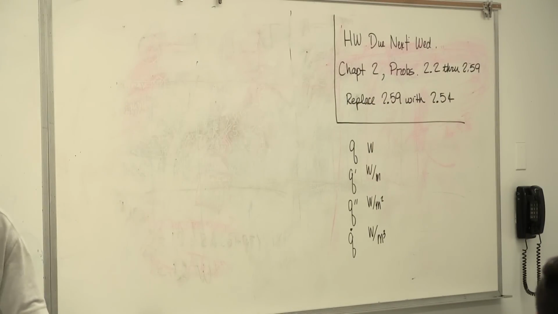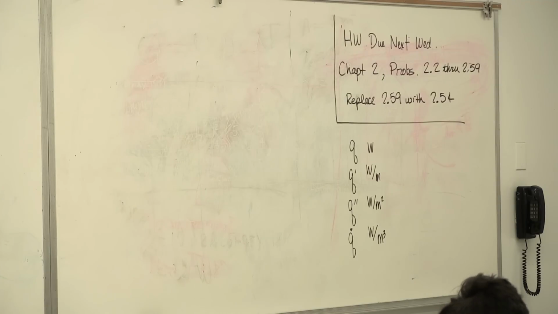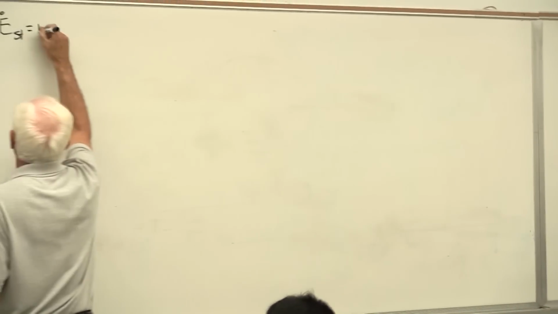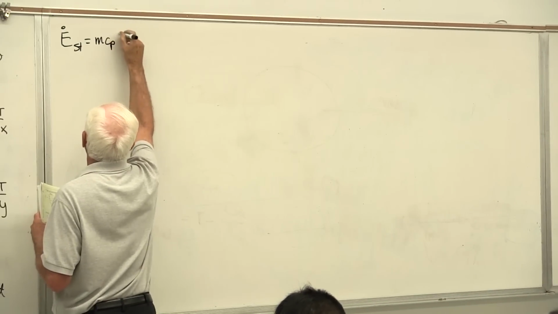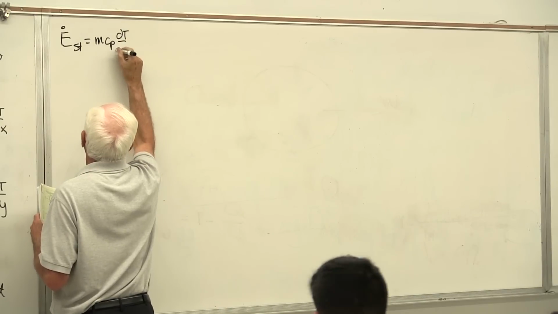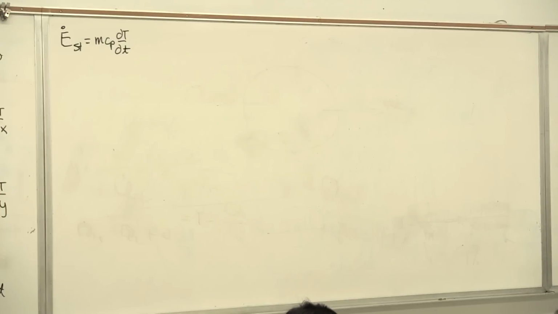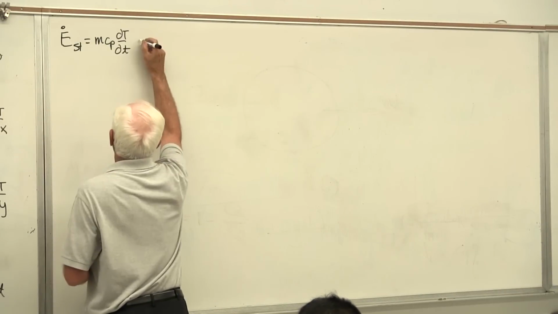And the last one is the storage. I'll put that up here. E dot storage is mass, Cp, dT/d time. The mass of that differential element is rho times the volume.